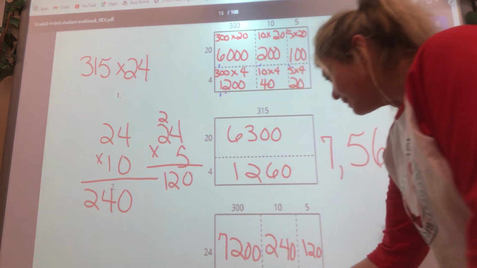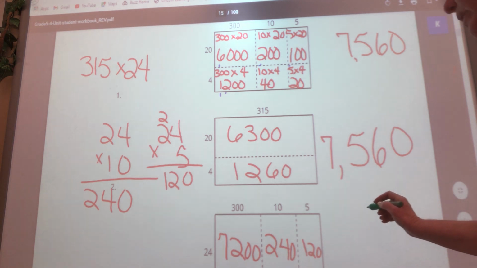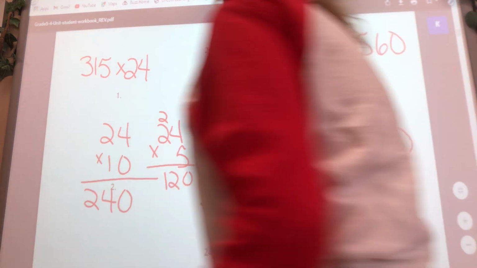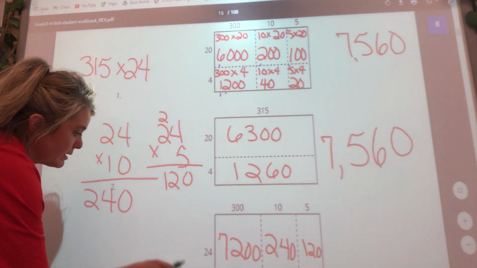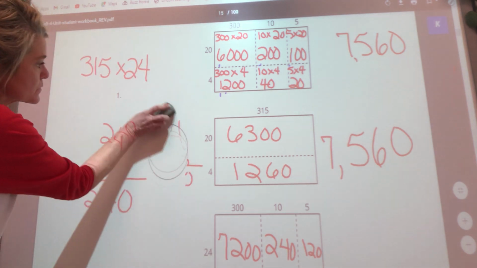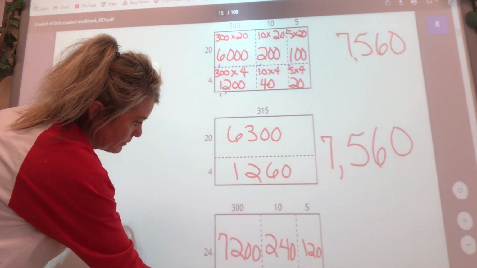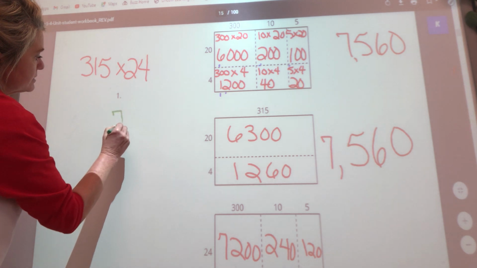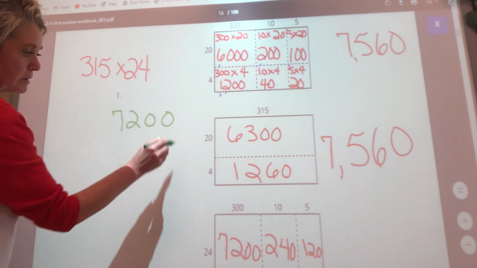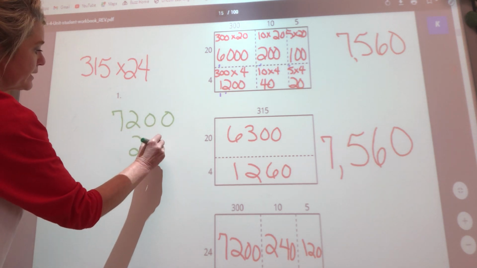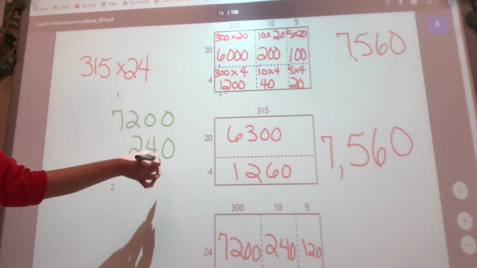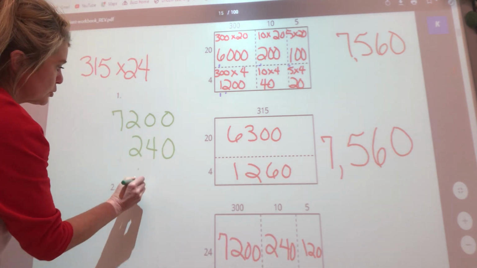And if I add all of these up, let's do it over here so we can write our final answer over there. I would have 7,200, 240, and make sure you're keeping your place values underneath each other, and 120.